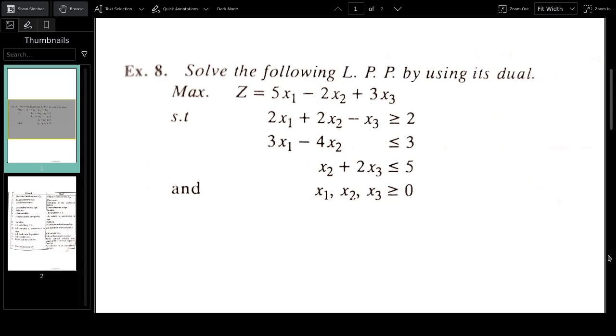And the roles of the objective function coefficients and constants are interchanged, and inequality is less than or equal to, then in its dual inequality will be greater than or equal to, right? Then you solve this. Here you see, this is the maximization problem. When you convert it into the dual, then this one will be minimization. Clear? So first you write it into the standard primal form, and then you use its dual. And after this you solve and find out its solution.